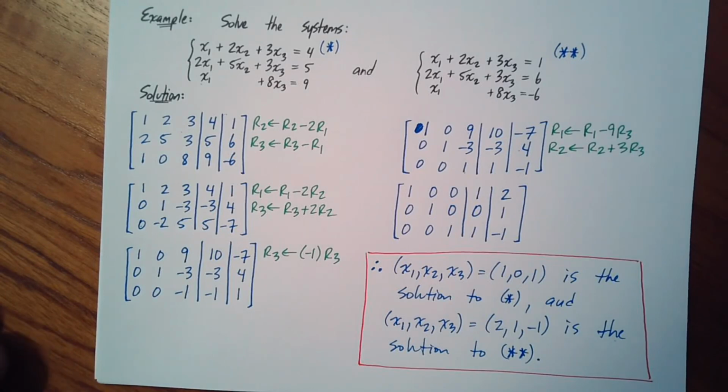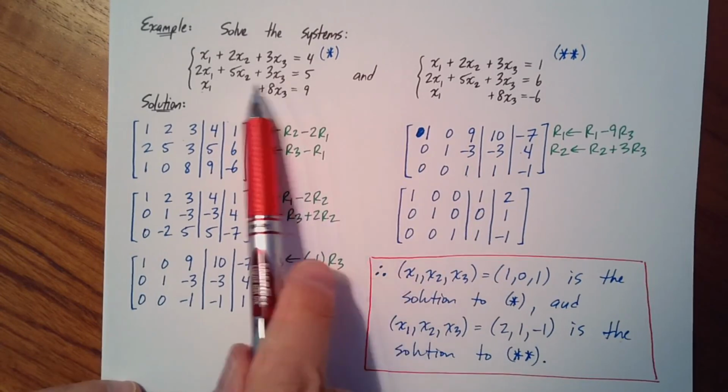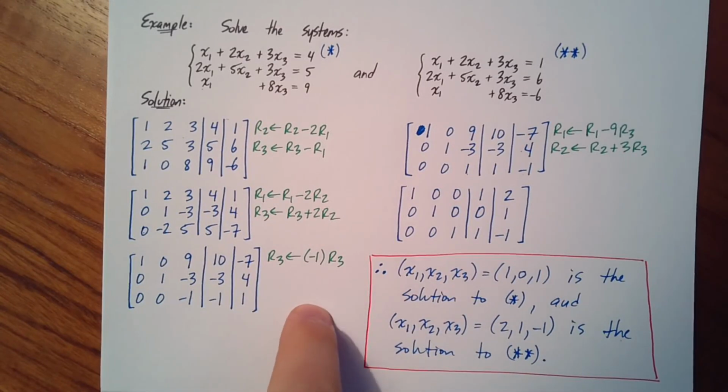So why not just keep track of what's going on and solve both systems simultaneously in the way that we've done here. So if you don't understand why this method works, that's my suggestion to you. Try to solve these individually one at a time, and you can do it, right? It's roughly double as much work as we did here, but it'll be really illuminating as to why we did it this way and why this way is better.